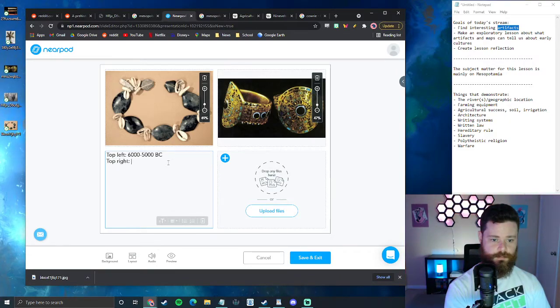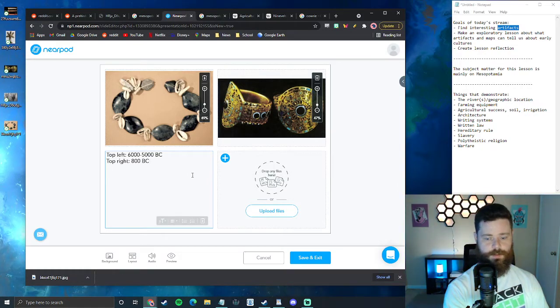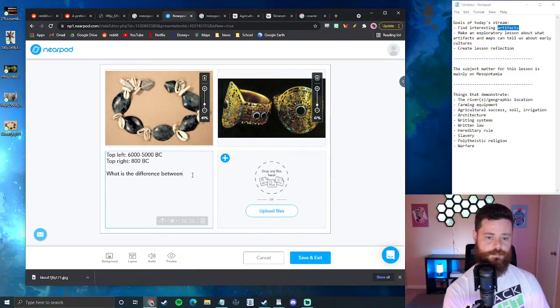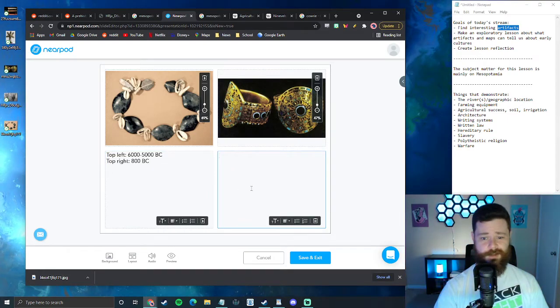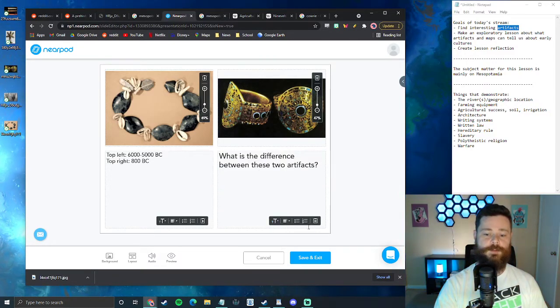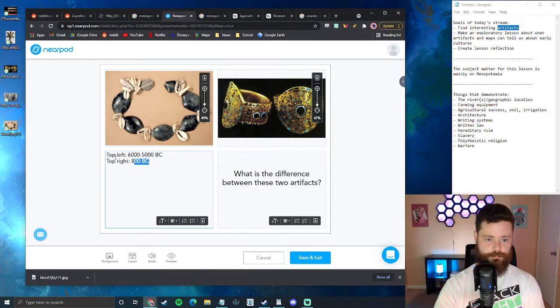Top right, 800 BC. How would I word this? Is the difference in these two artifacts? I guess that's pretty basic and not super complicated. And it's also not too leading that they're all going to have the exact same answer. And this can just be one that we just talk about.